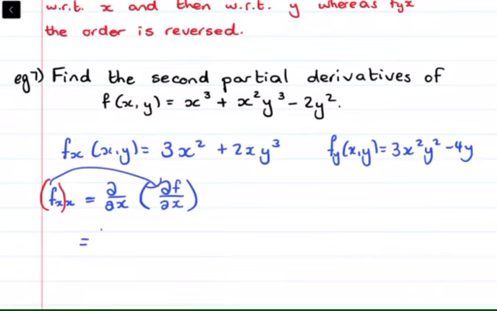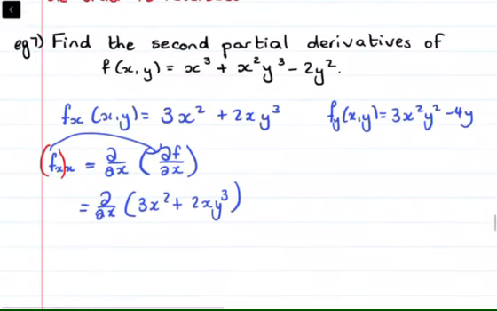So now let us substitute in. We are differentiating 3x squared plus 2xy cubed. And now if you differentiate this, you get 6x plus 2y cubed, because y cubed is treated as a constant.